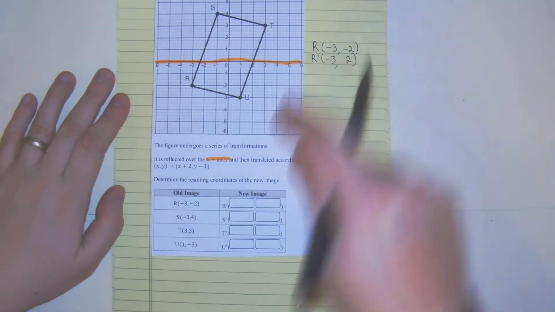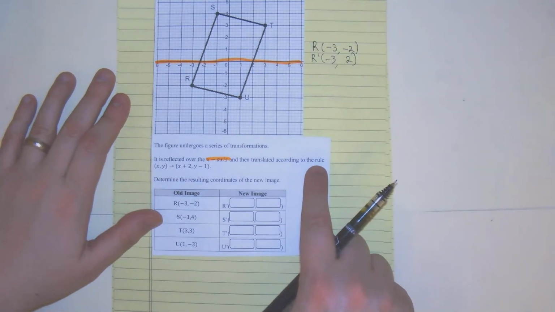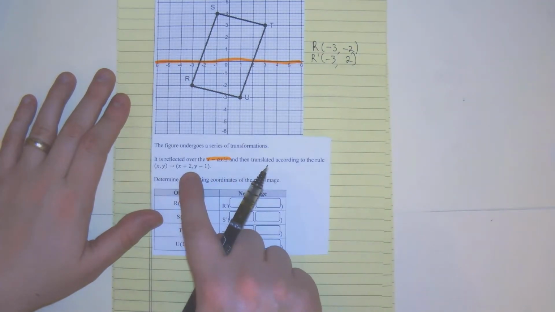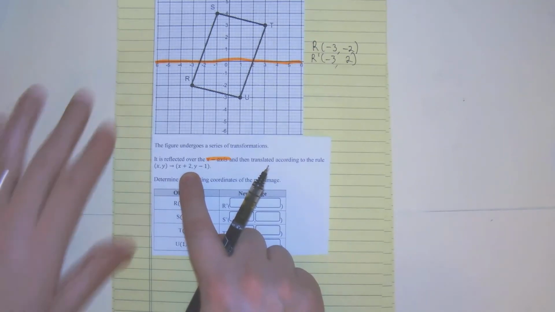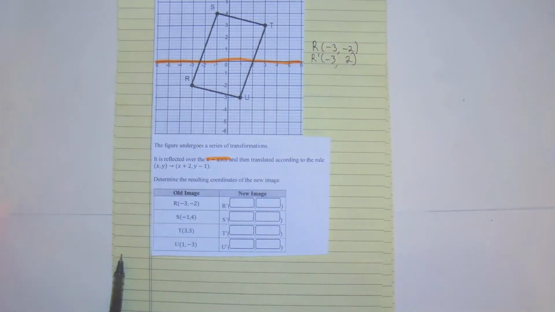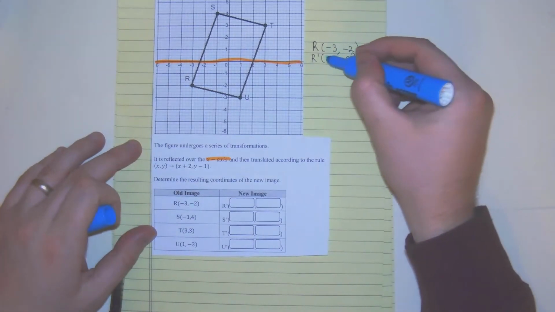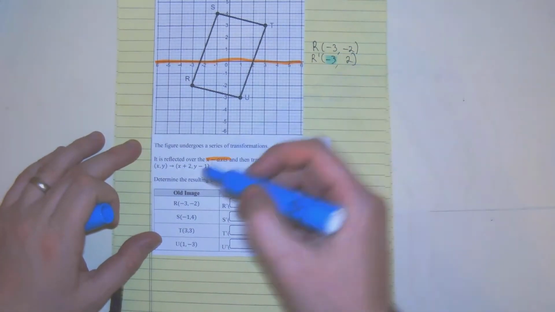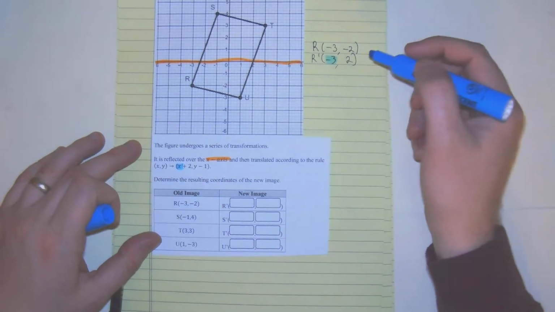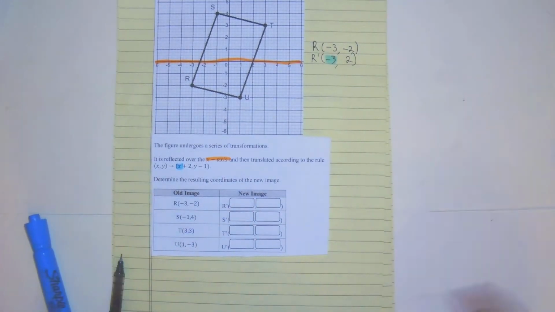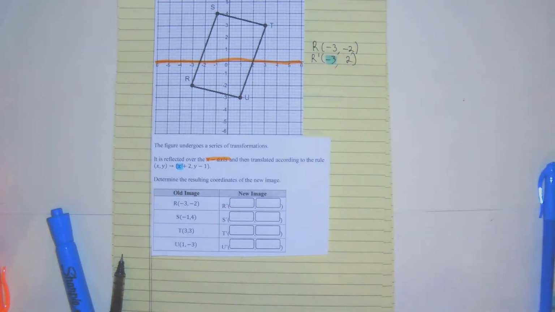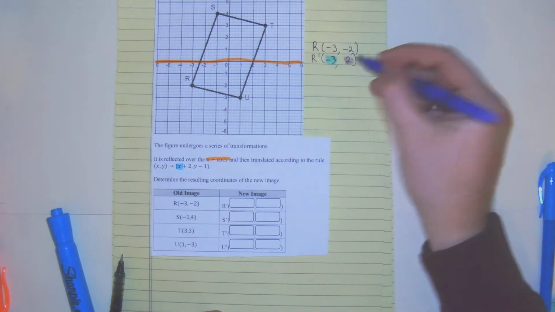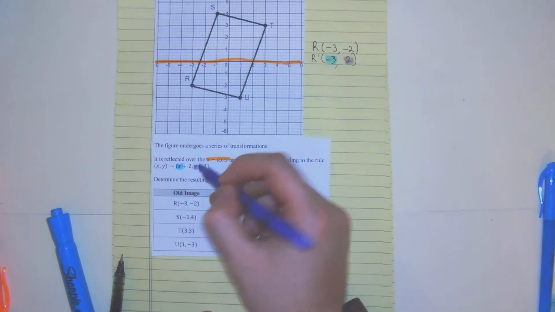Next, after reflecting over, we get x plus 2, y minus 1. So what we're going to do is plug these numbers into the x, and then we'll plug the 2 into the y.